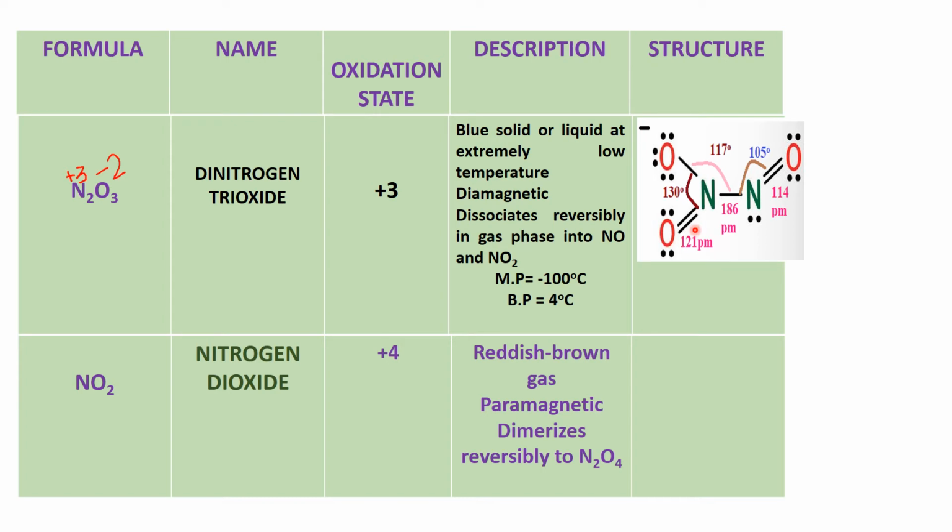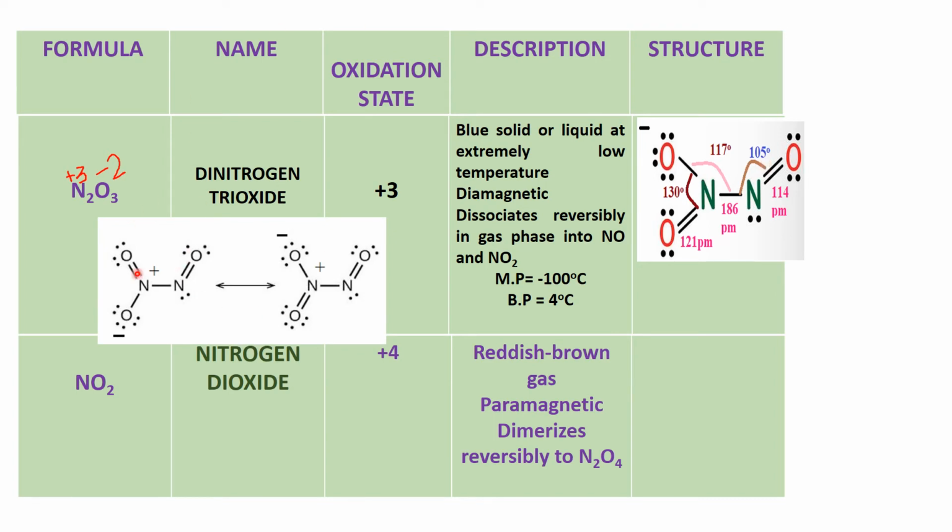It shows three different angles: oxygen-nitrogen-oxygen having 130 degree, and oxygen-nitrogen-nitrogen having 117 degree and 105 degree bond angles. It has resonance structures shown here, with nitrogen carrying a positive charge and oxygen a negative charge.